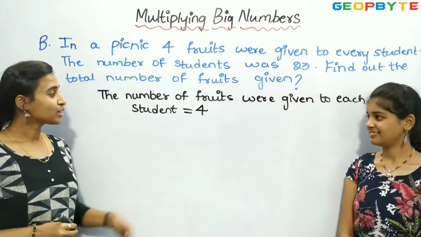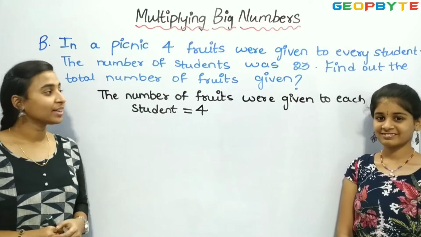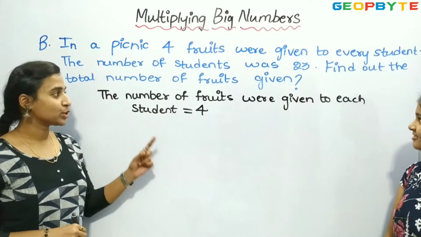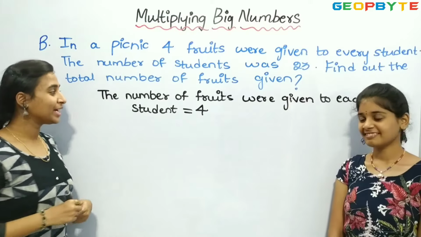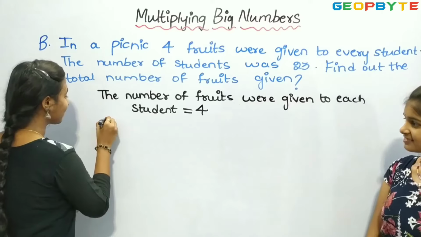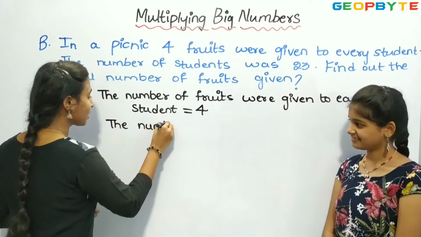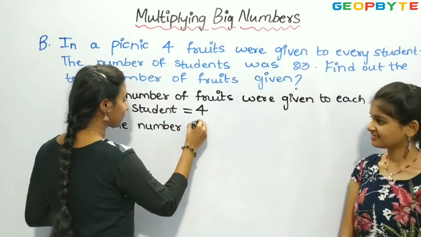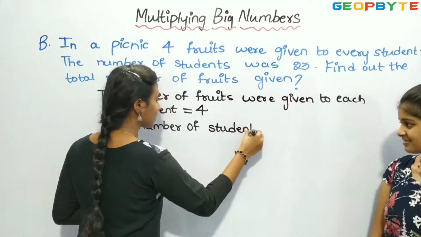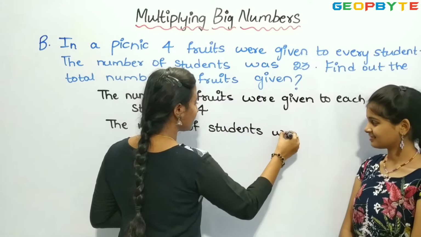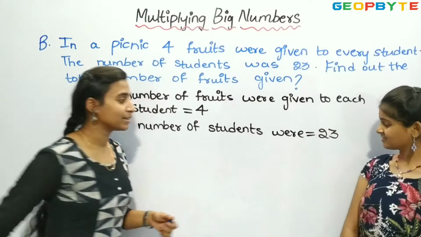Yes, children, so 4 fruits were given to each student, and the number of students were 23, right? The total number of students were 23. Let us write the number of students were 23.